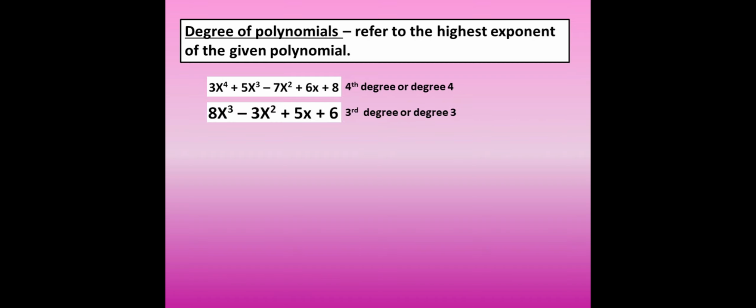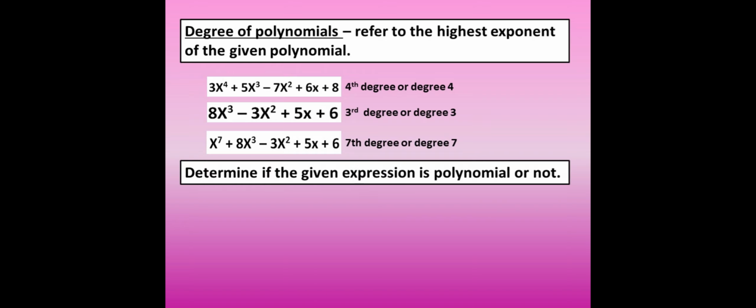Another example, we have 8x cubed minus 3x squared plus 5x plus 6. The highest exponent is 3, so it is a 3rd degree polynomial, or degree 3. Then we have x to the 7th plus 8x cubed minus 3x squared plus 5x plus 6. Therefore, it is a 7th degree polynomial, or degree 7.